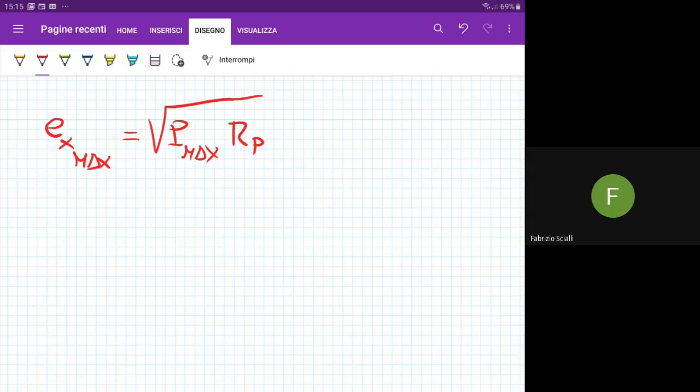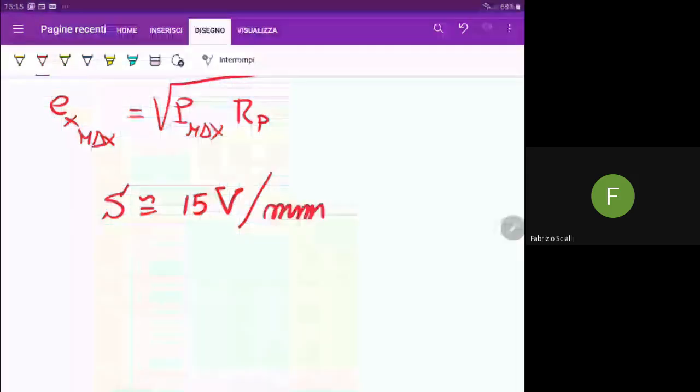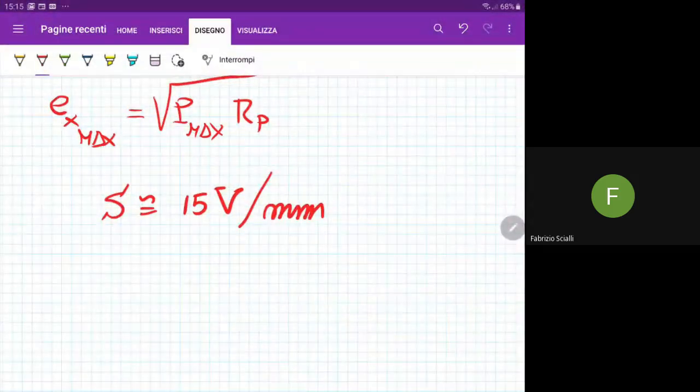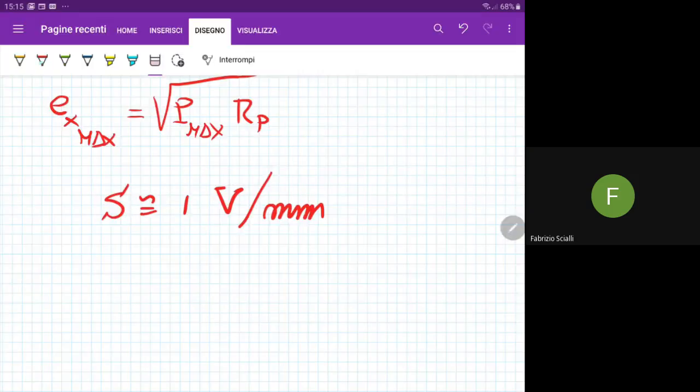The sensitivity S is about 12 volts per millimeter.